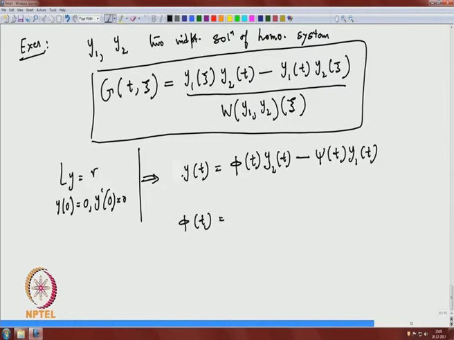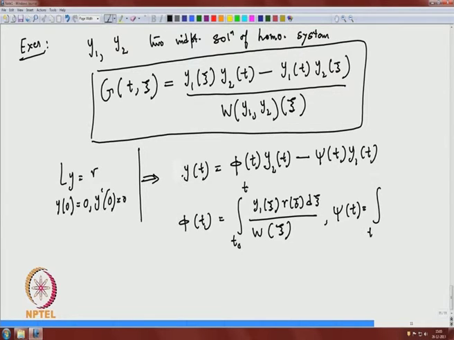It is equal to the integral from t naught to t of y1 of psi r(psi) d psi divided by W evaluated at psi of y1, y2, and your psi(t) will be the integral from t naught to t of y2 of psi r(psi) over W of psi. So, you have a good representation.